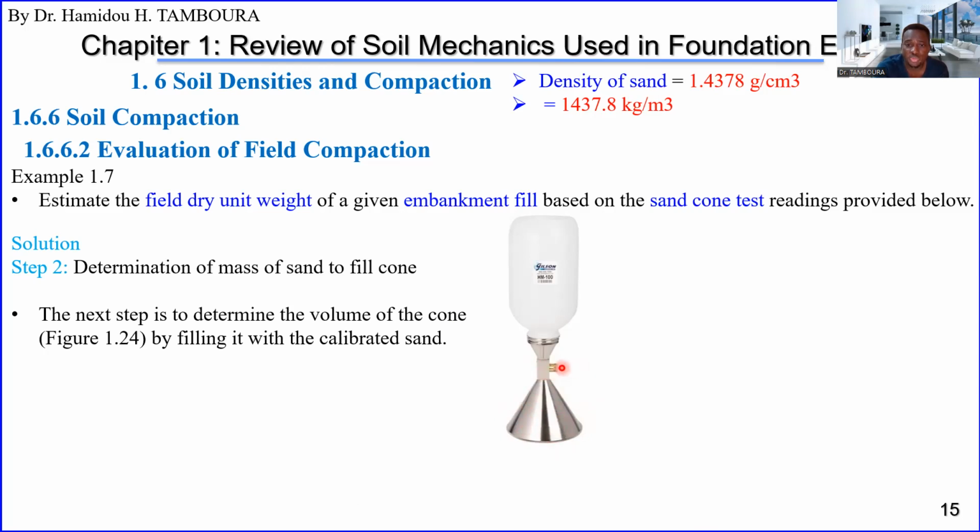You see this valve, you open it and you let the sand go until the cone is full, then it stops. You can then close the valve and remove it, and you know the weight. So to know that, the mass of the jar and cone before filling the cone, this is the jar, everything before filling, was 3,516 grams.